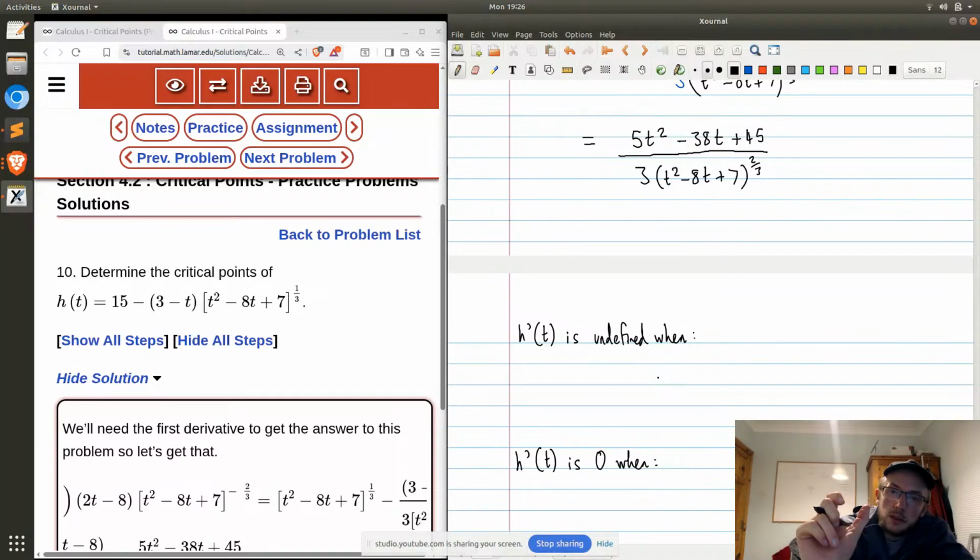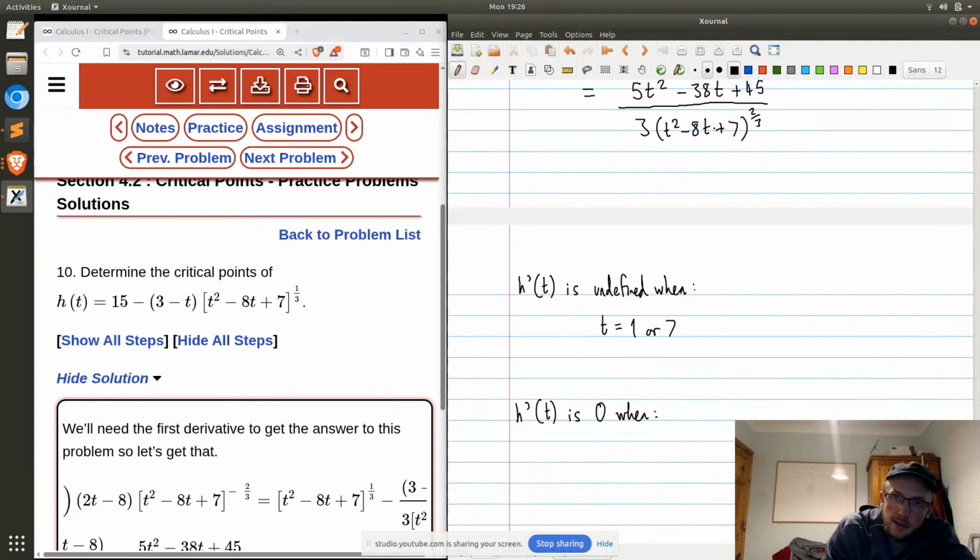That would have to be t minus 7 times t minus 1. t is equal to 1 or 7. And then it's 0 when this quadratic is 0.